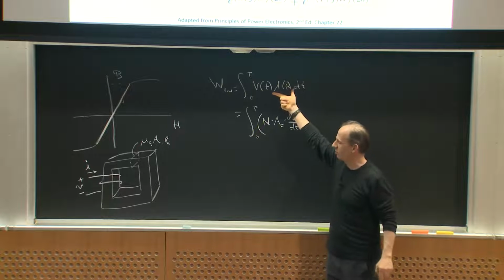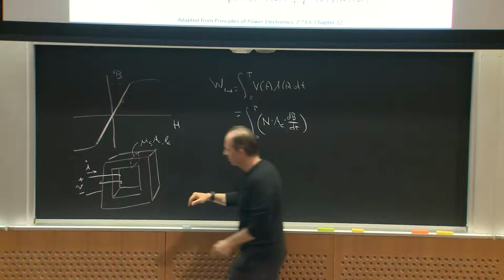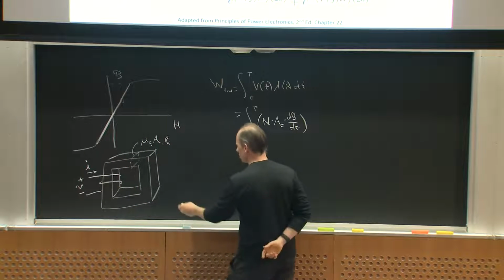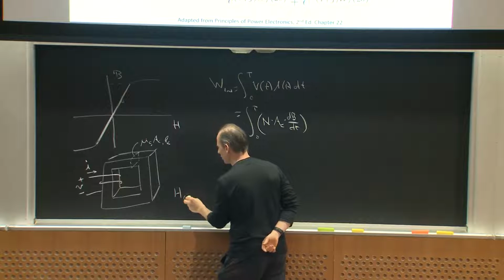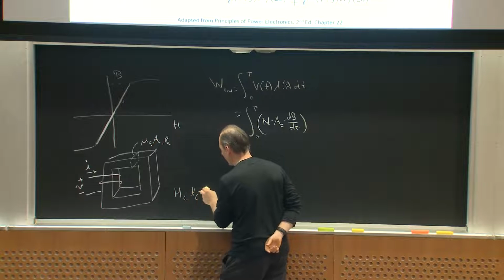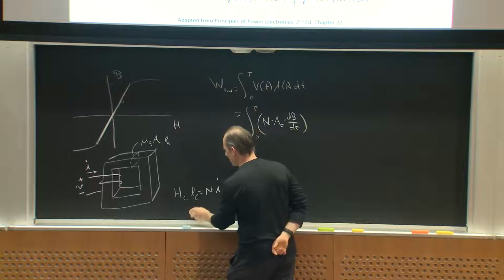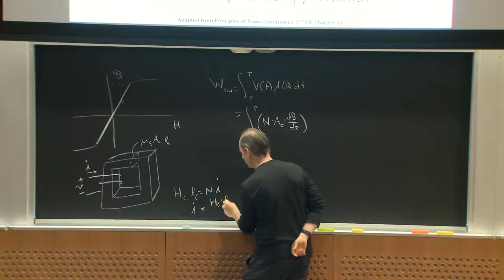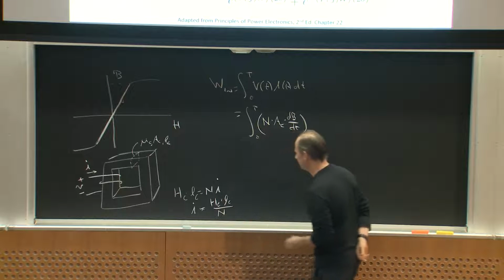What is the current? Well, keep in mind, if I integrated the H of the core around the length, I should have Ni, right? So what I get is H in the core times the length of the core is equal to Ni, right? So I ought to be able to write I as being equal to H_C times L_C over N, right?